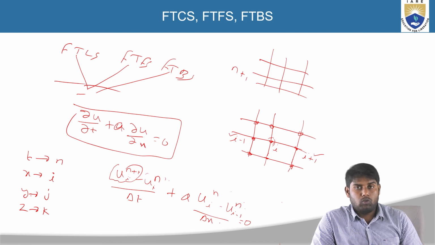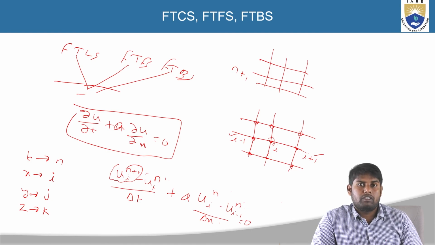In further classes we'll see which scheme is numerically stable. Stability is a very important criterion for a numerical simulation. If the numerical scheme is not stable, then it's a waste of using. There is a testing method called von Neumann stability.